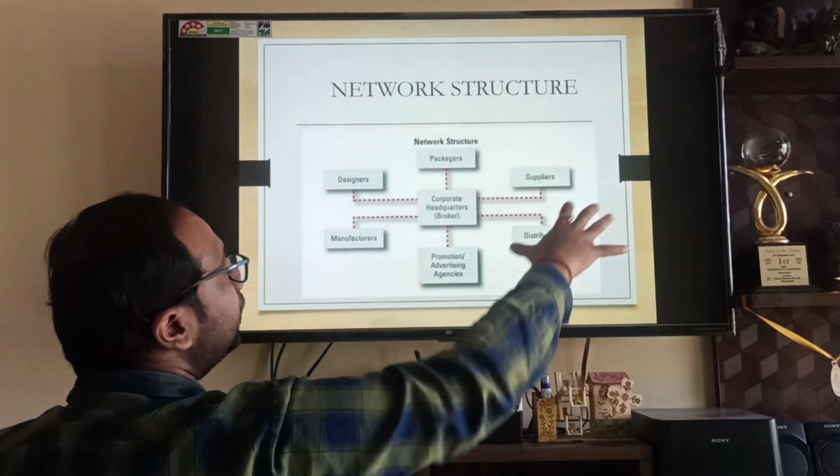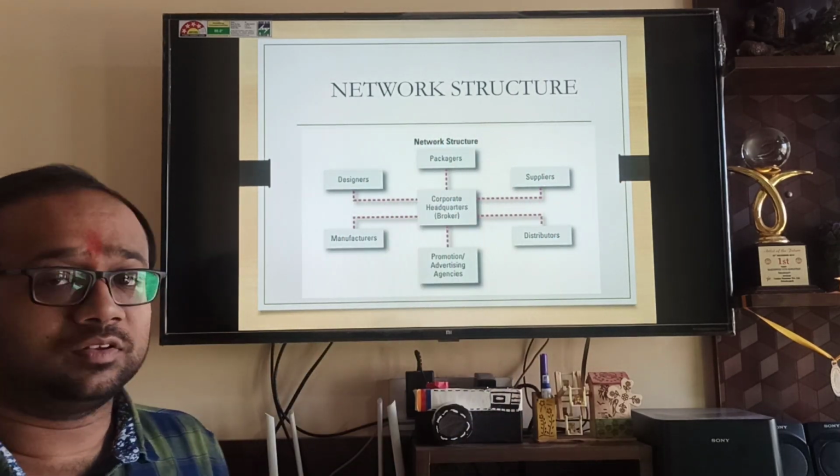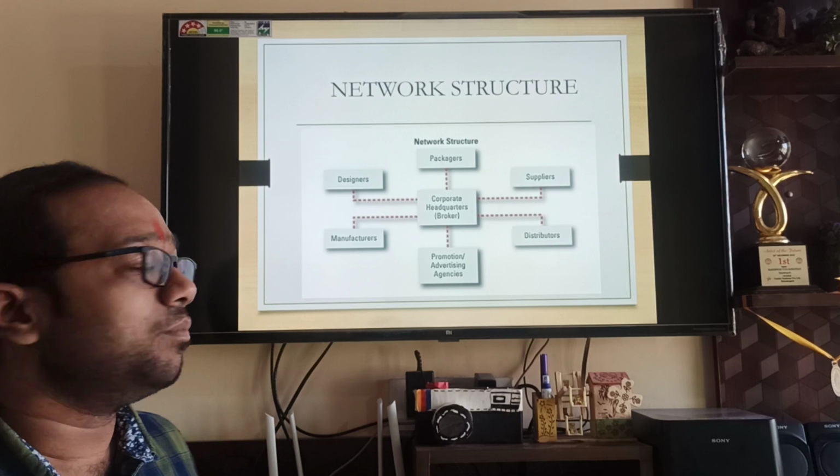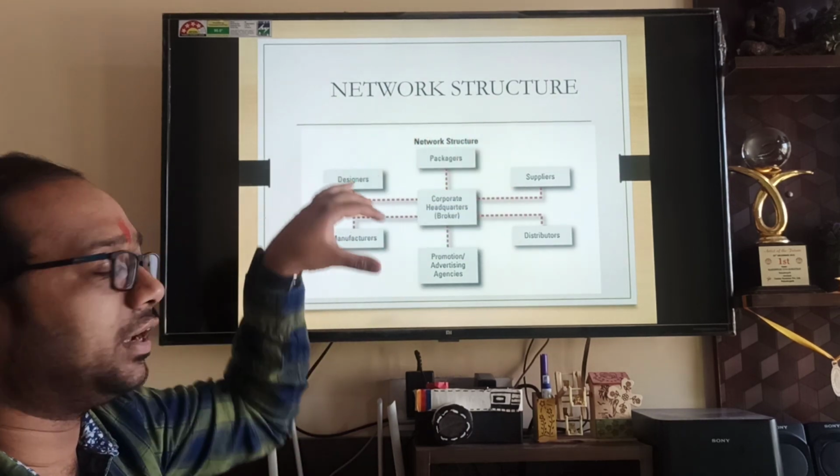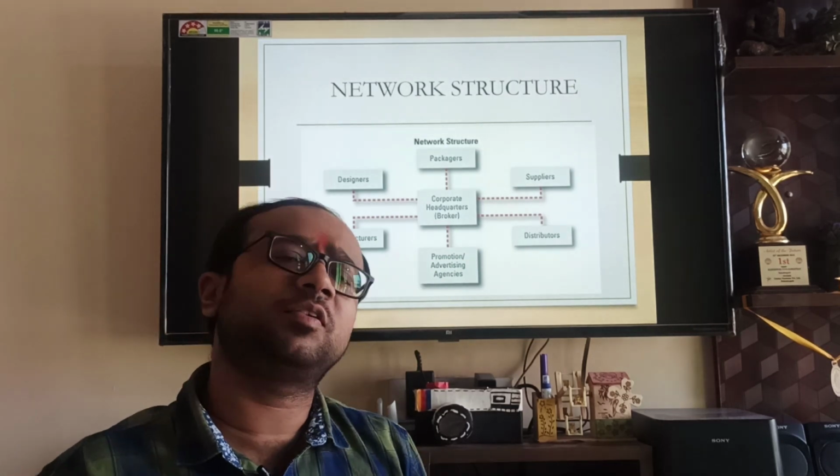So a whole ecosystem in the form of a network structure exists, and even if your head office is in one location, effectively you are connected to various parts of the country or even various parts of the world.